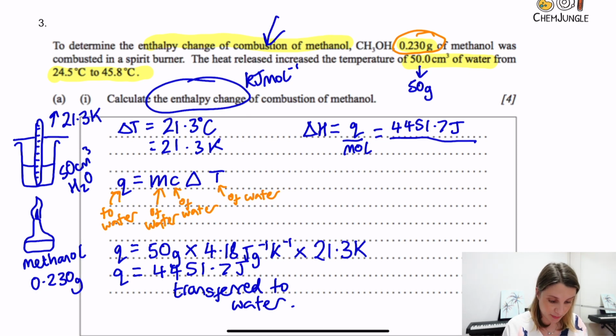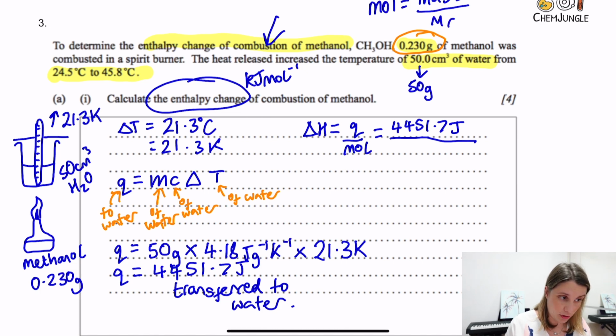0.230 grams. So this, I need to do moles equals mass divided by the formula mass of the methanol. So this is 0.230 divided by the formula mass, which is 32.05.